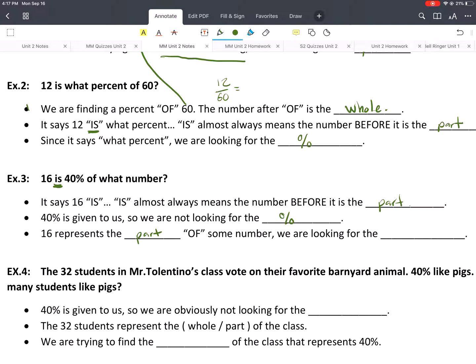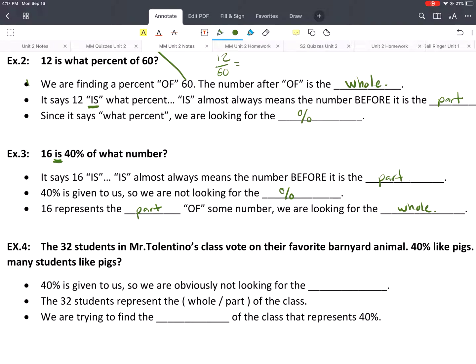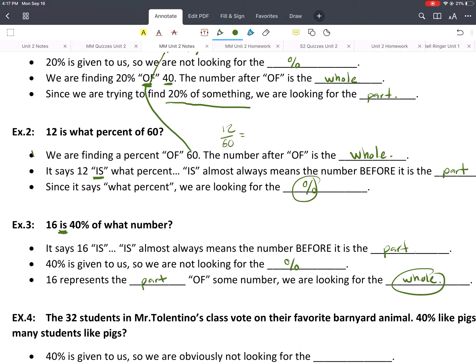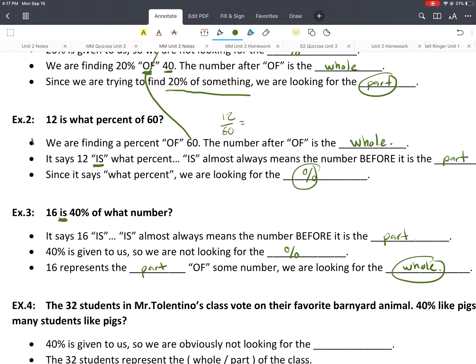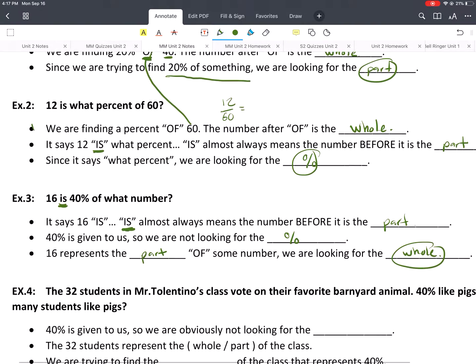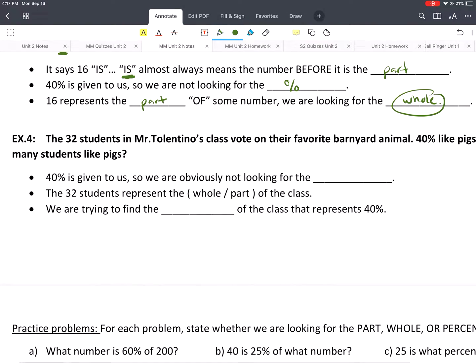We are looking for that some number, which is the whole. So just being able to look at these types of problems and see what we're really looking for, whether it be the whole, the percentage, or the part. And we have those hints like is or of to help us know which one's which.